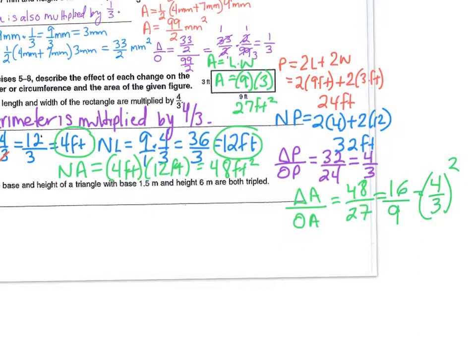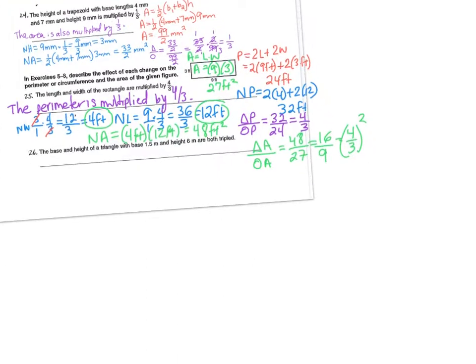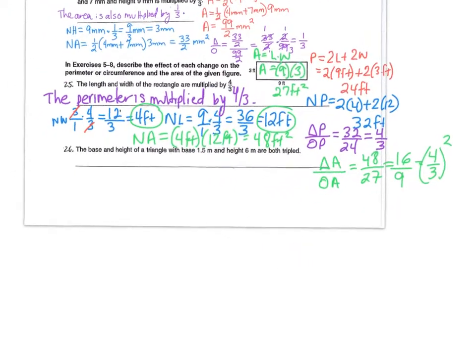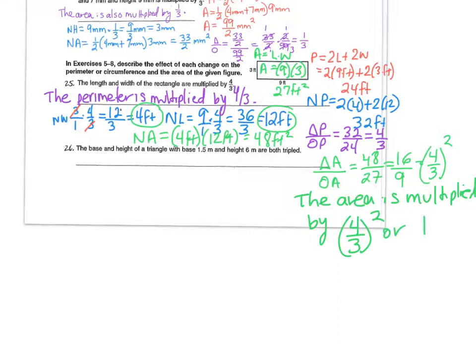So the conclusion for the area: the area is multiplied by 4 over 3 quantity squared, or 16 over 9. And that's the conclusion for 25. Okay?